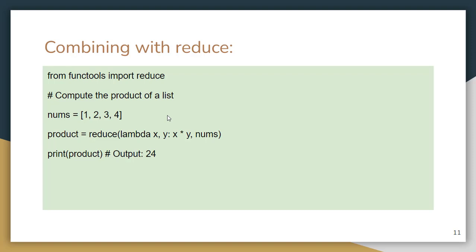I am writing here product equals to reduce, under brackets, lambda x, y as the parameters, colon x times y, and numbers. Print product, and product here displays 24. 24 means 1 times 2 times 3 times 4, that is 24.